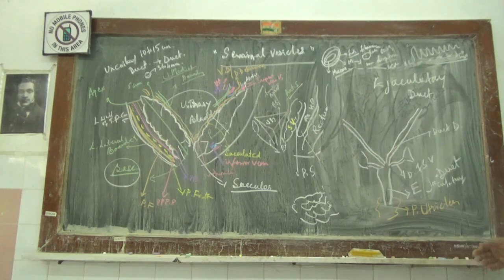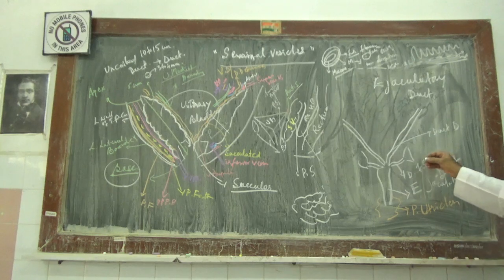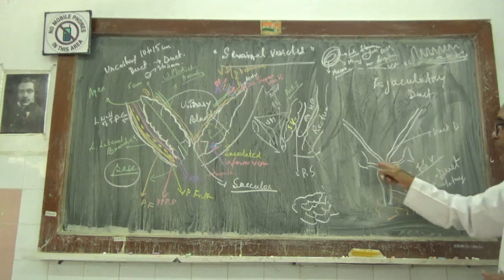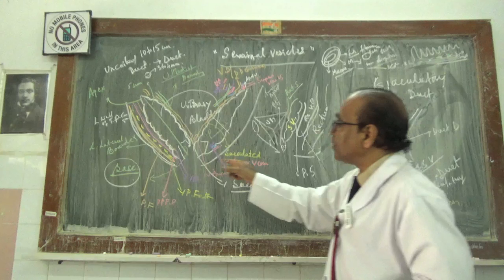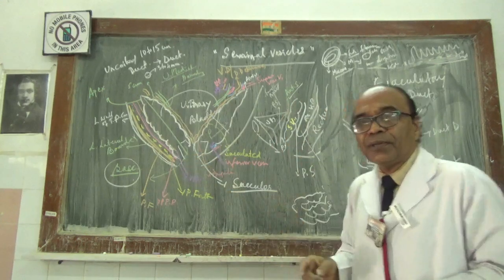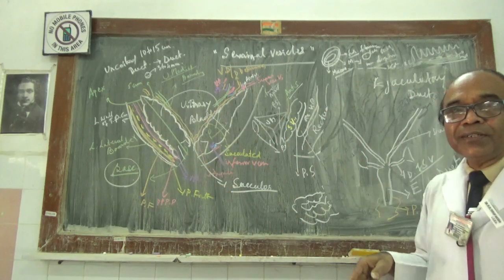Then you have the duct of the seminal vesicles. These ducts form at the base of the seminal vesicle, one on either side.